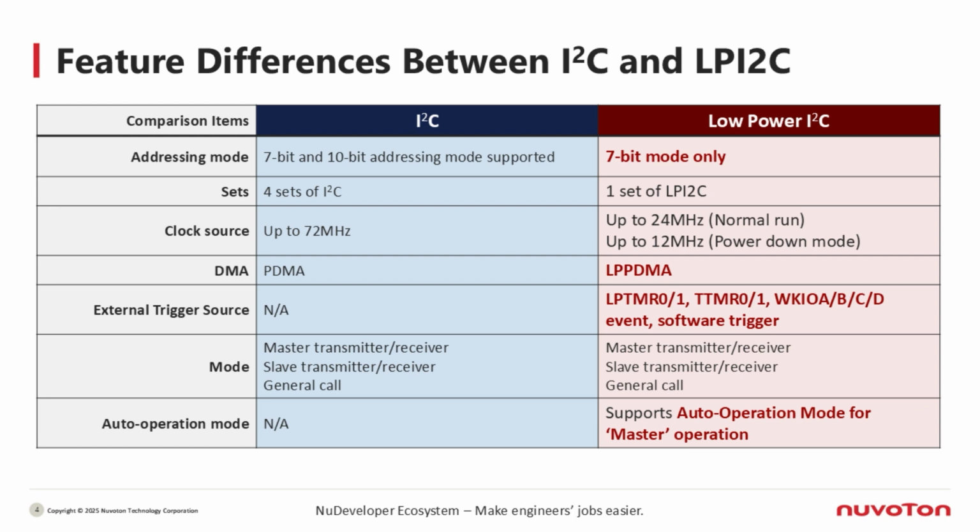That means the CPU doesn't have to step in all the time, which helps reduce power consumption. But the most special part is this. Only the low-power I2C supports auto-operation mode when it's running as a master, and that lets it automatically handle data transfers even while the MCU is in a low-power mode. So it's extremely power efficient.